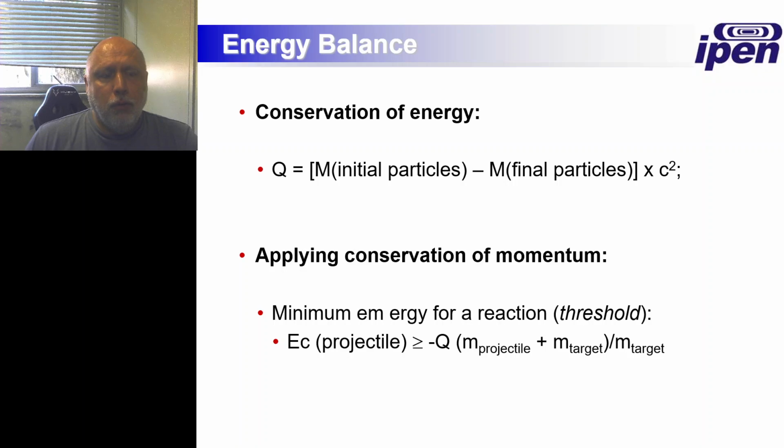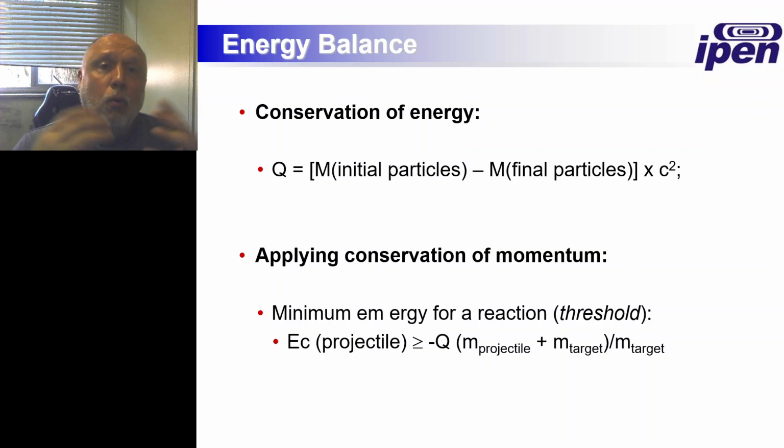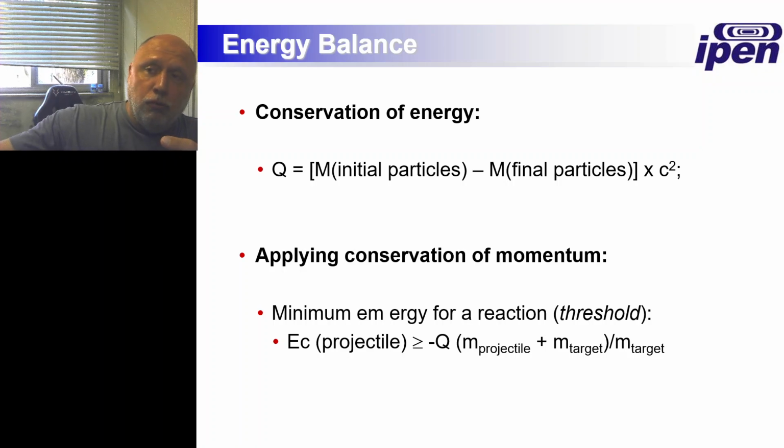It's easy to understand. It has to have enough energy to start the reaction, which is minus Q in this case, but as conservation of momentum is important, the particles won't be still after the reaction. We had a stopped particle here and an incoming particle here, so we had some momentum, and we have to conserve momentum after.